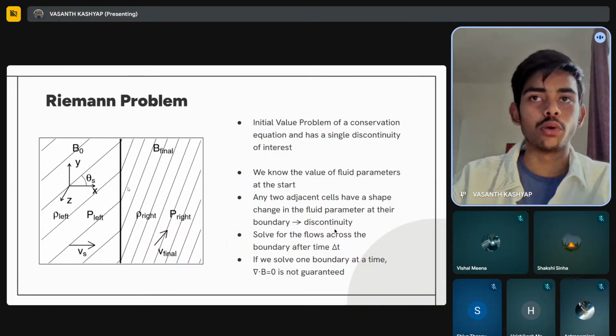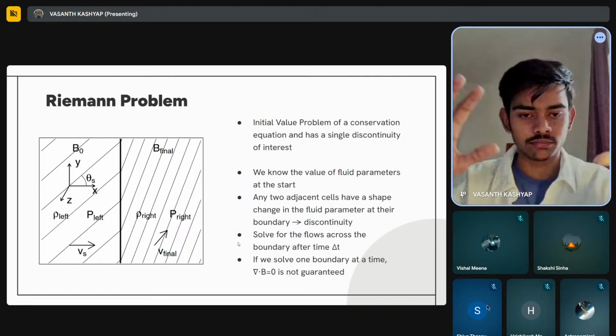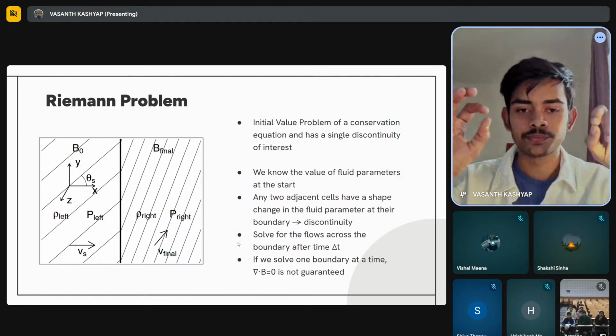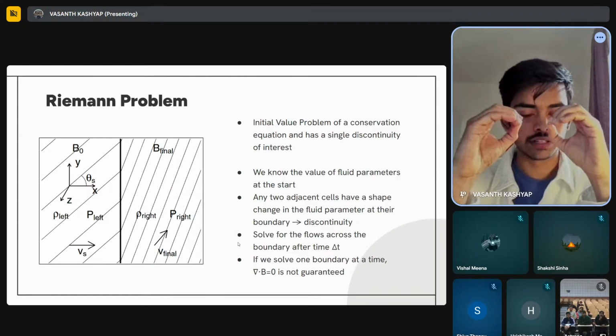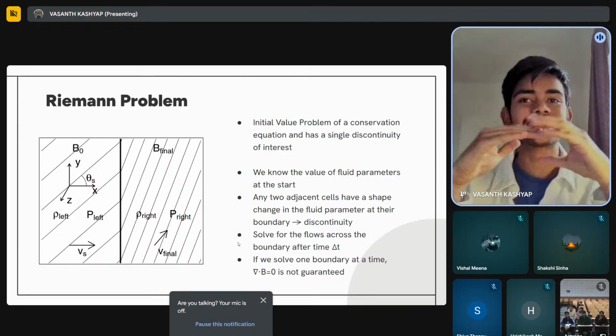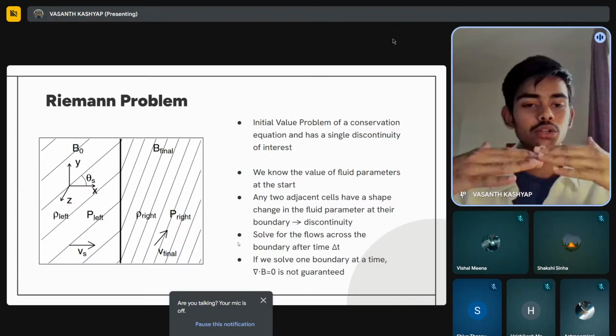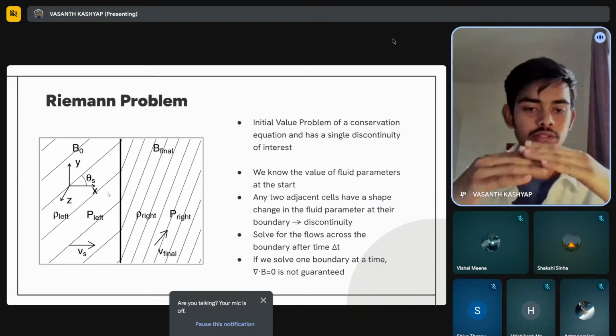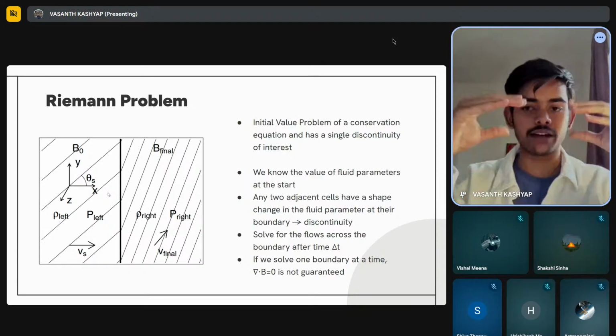So if you think about it, in a computational box, like in your simulation box, if you take any two cells, they are not going to have exactly the same density. If they do, nothing happens across this boundary. They're already at equilibrium. They have exactly the same properties. Nothing is going to change.